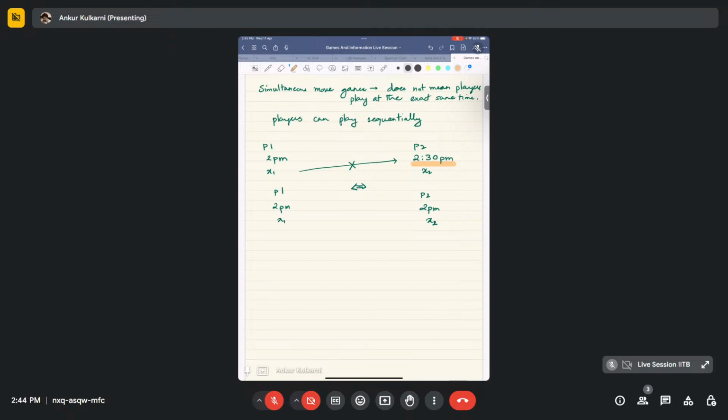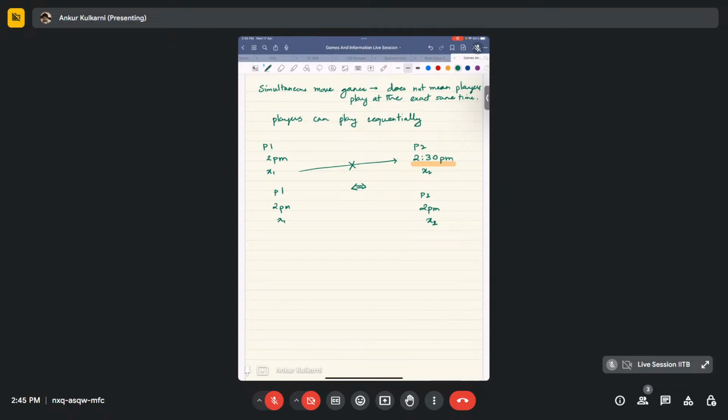There is no way for player one to know what player two has done because player two is going to act later. But player two could have known, and that is also not allowed. So there is no information being transferred from player one to player two, and because of that it is equivalent to both players playing at the exact same instant.